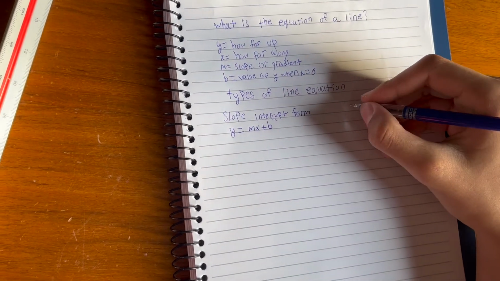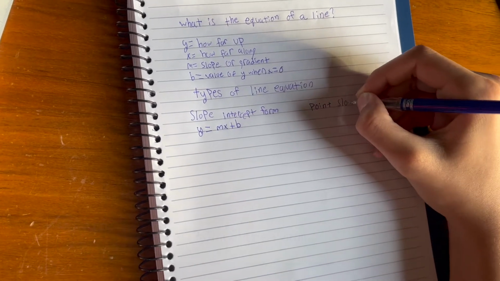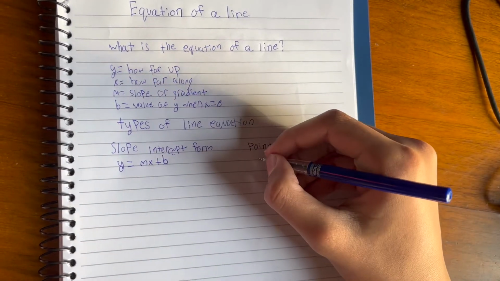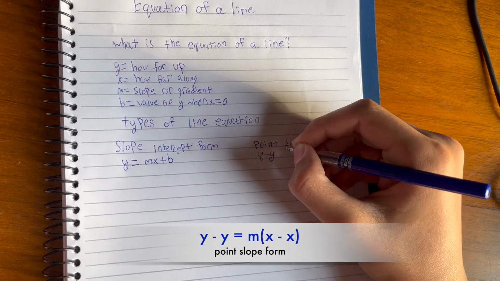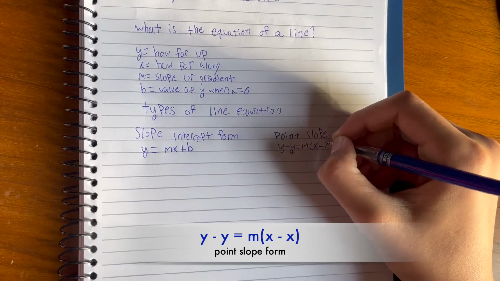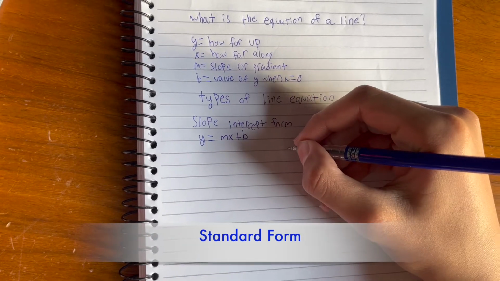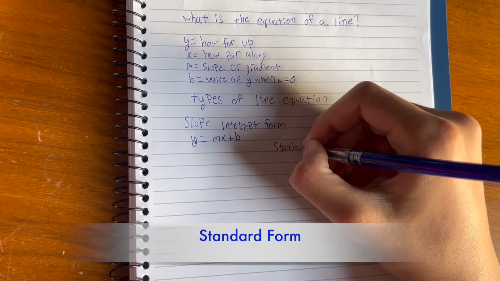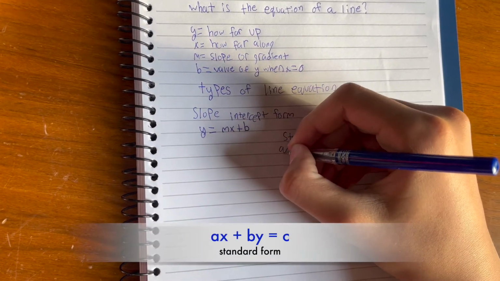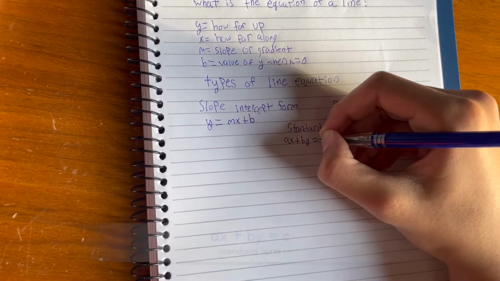The next type of line equation is the point-slope form. Point-slope form is y minus y1 equals m(x minus x1). And then finally we have standard form. Standard form is ax plus by equals c.